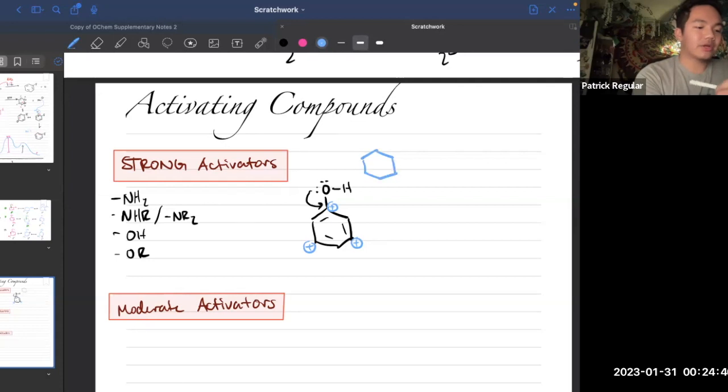So resonance structure 1, if you were to have, let's say, an ortho group, let's do OH, let's add NO2, positive charge here, here. Another resonance structure. Positive charge here, NO2, OH. I'm going to zoom in for you guys.